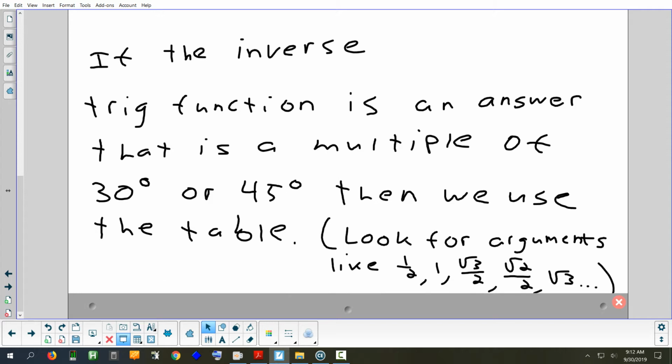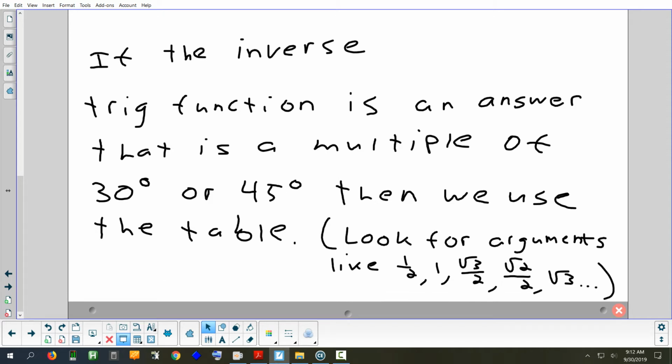But what's going to give you a hint that your answer is going to be in this table is to look for numbers like 1/2, square root 3 over 2, square root 2 over 2, ones, zeros, negatives of everything I just said. Any number like this, you're going to find the answer in your table.